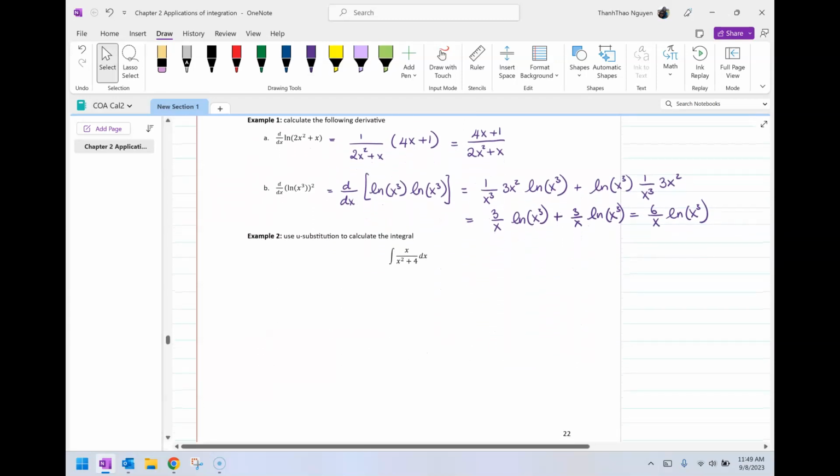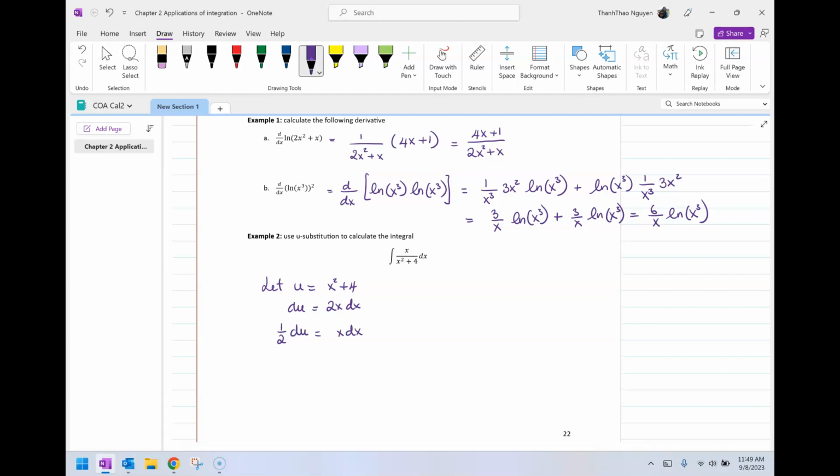Let's use substitution to calculate this integral. Well, we'll let u become x squared plus 4. Then du is equal to 2x dx. This means x dx is equal to 1/2 du.